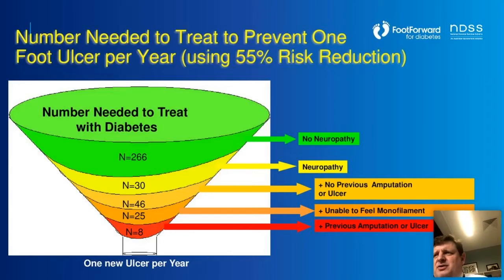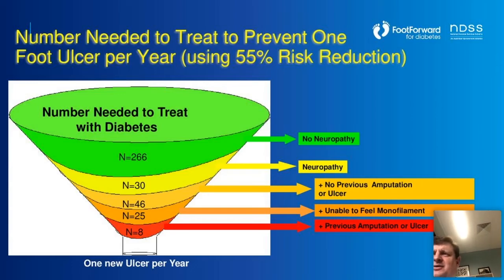But if they do have neuropathy, especially if they cannot feel the monofilament, you only need to manage 25 people. And if your intervention is successful about half the time, you'll prevent 1 foot ulcer per year. If they've had a history of previous ulceration or amputation with dense neuropathy, then you only need to treat 8 to prevent 1 new onset ulcer per year.